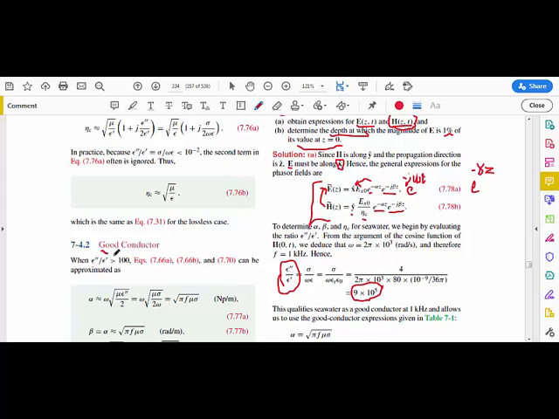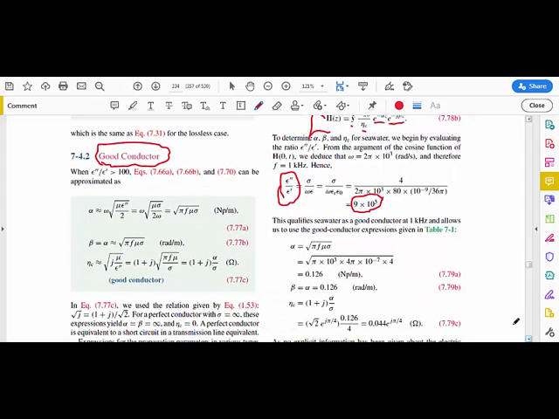Seawater, at this value of conductivity, omega and permittivity, behaves as a good conductor, so we can use the good conductor expressions to calculate alpha; alpha is equal to beta, and then we can calculate the intrinsic impedance.